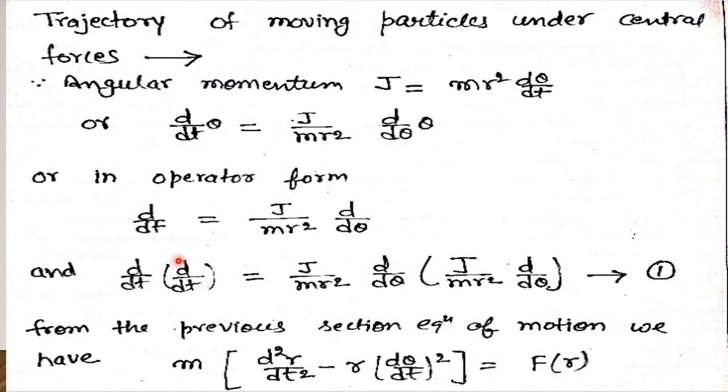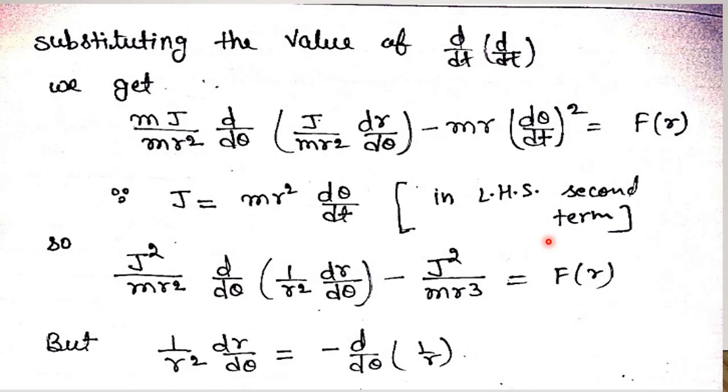So when we put d²/dt² as this, then there will be minus mr(dθ/dt)² equals fr.